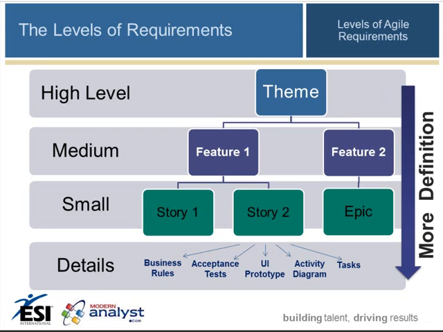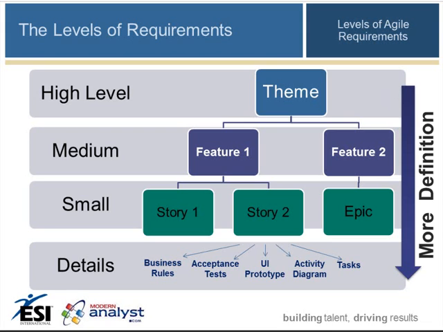Notice that under feature 2, as we started to decompose it, we discovered that rather than something we could sink our teeth into at the level of a user story, we actually came up with an epic, something bigger than a story. So therefore, we're going to take that epic and decompose it further. It requires further definition. It needs to be chunked out into more manageable level user stories. So that's the action item under feature 2.